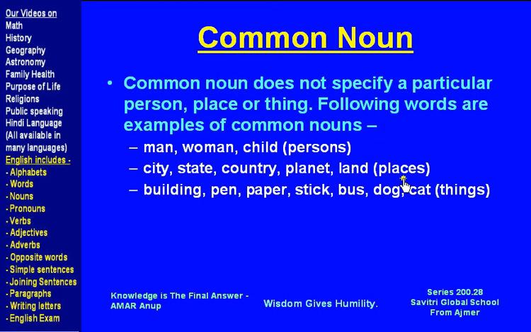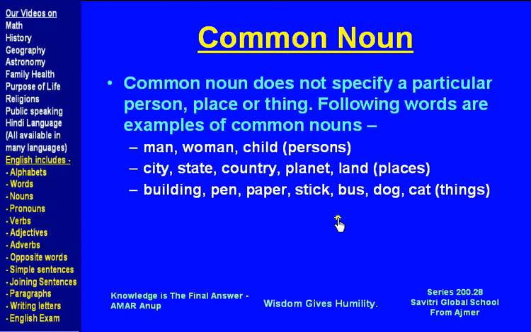Examples of places as common nouns are the word city, the word state, country, planet, land. These are all common nouns. More examples of common nouns: the name of things is building, pen, paper, stick, bus, dog, cat.